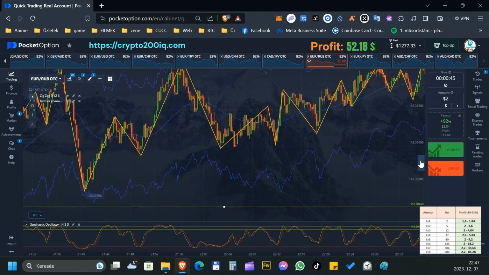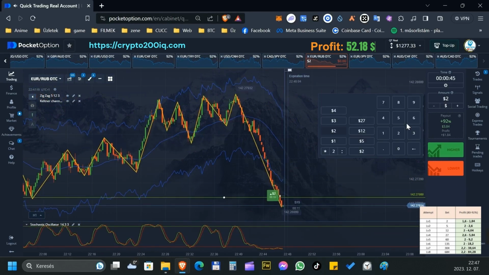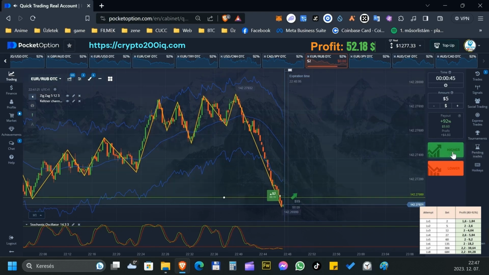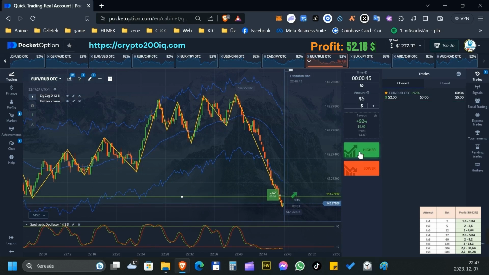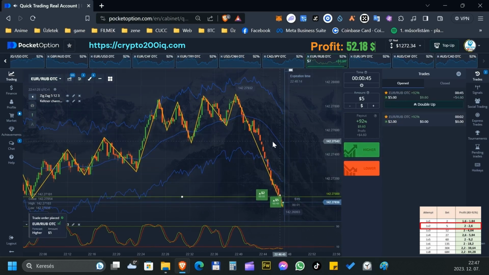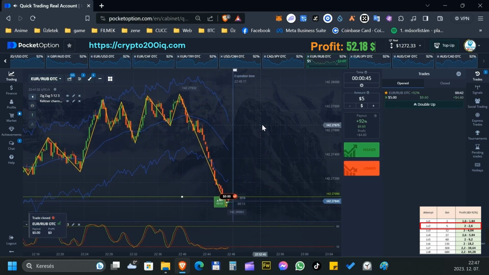I couldn't find any further lower support, so we rely on the indicators at times like this. And the second bet happened.